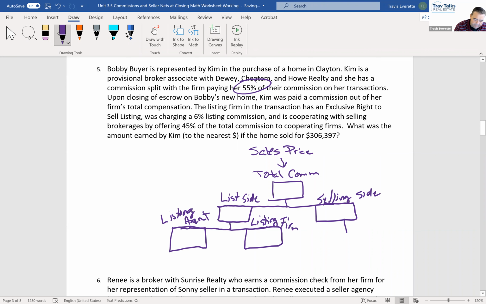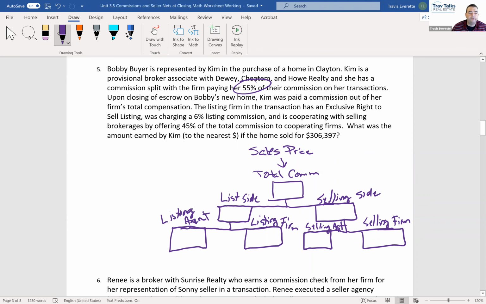And then on the selling side, we're going to do the same thing, but it's going to be selling agent and selling firm. So there we got the whole thing split out for ourselves.